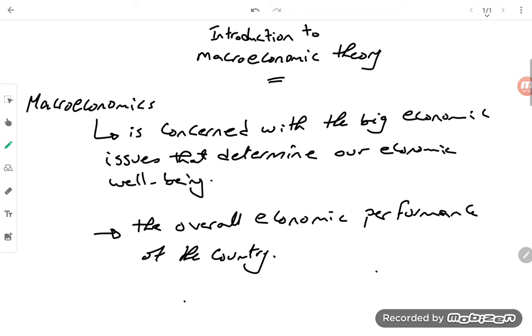There are three main objectives for any nation. They are: number one, decrease the unemployment rate.